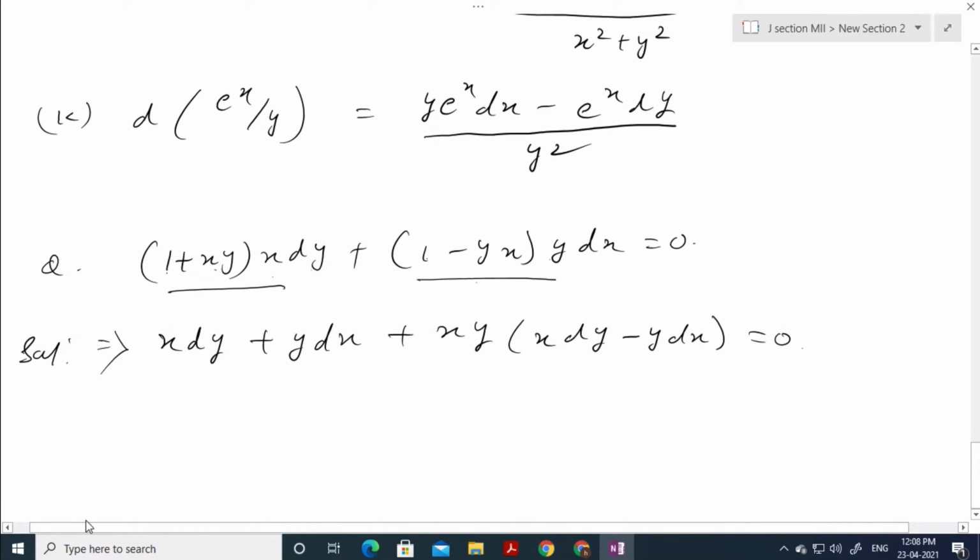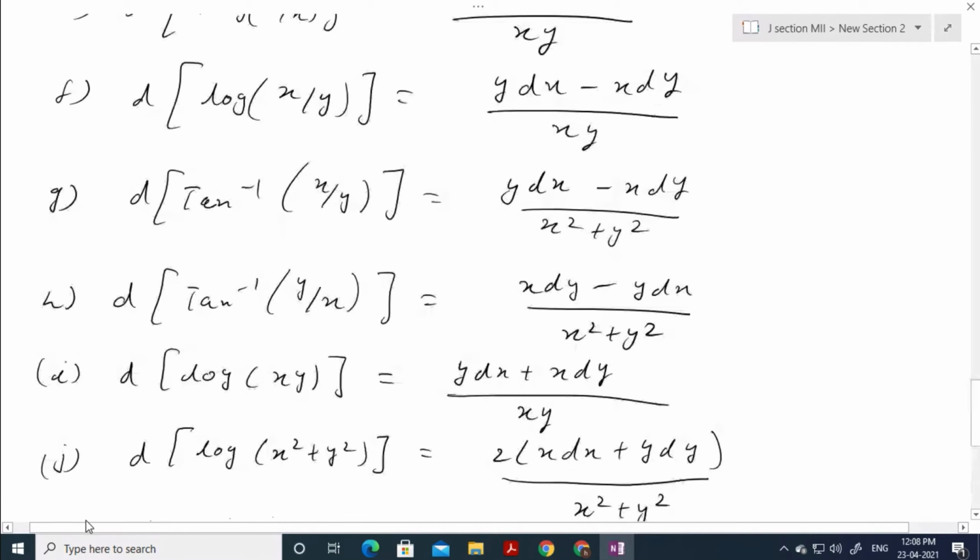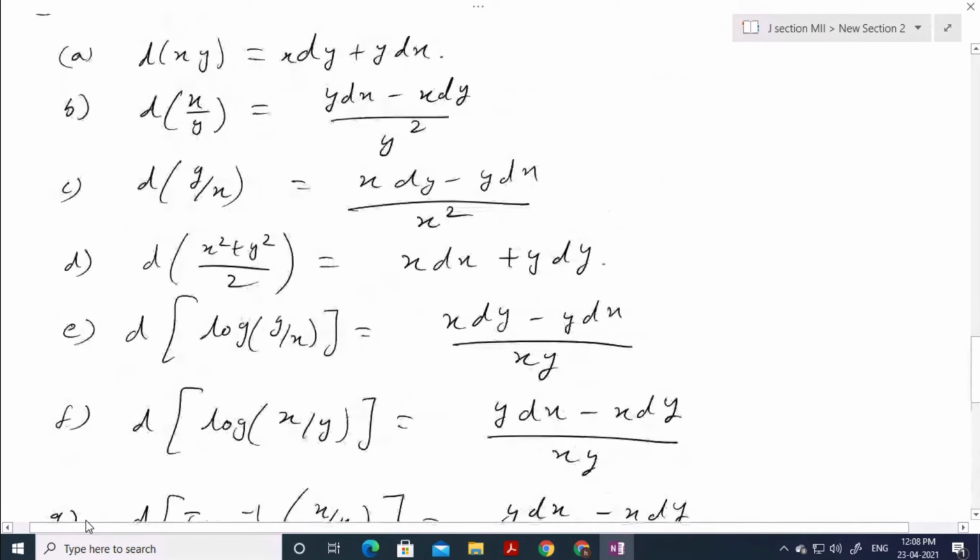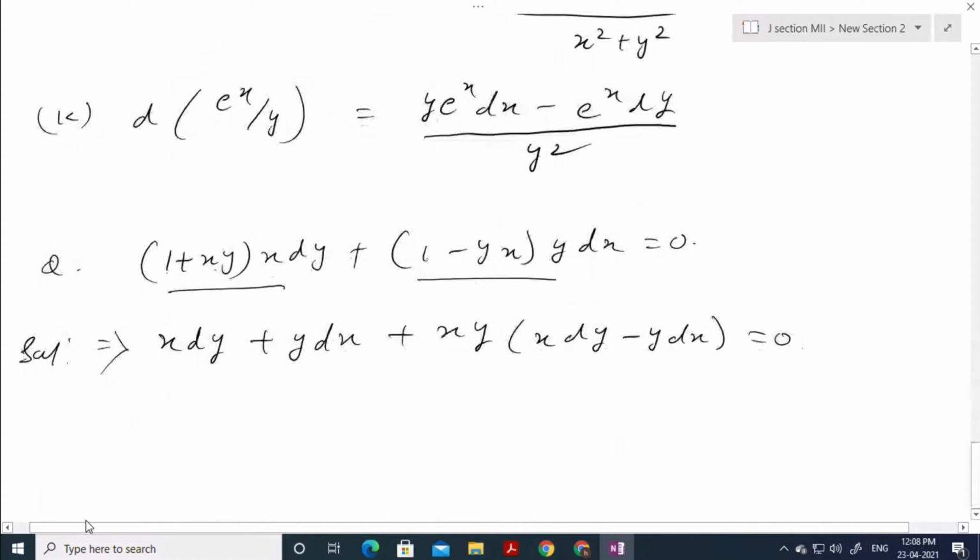Now you see there are so many standard forms which can be written here. I will divide this whole thing by x square y square.